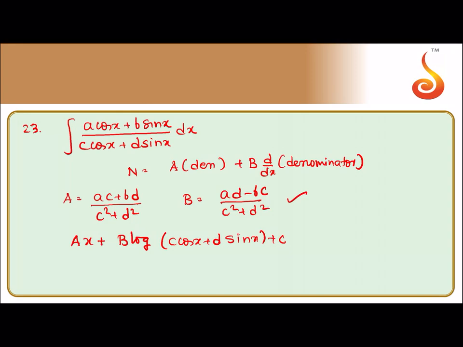Please remember this result. It will be very easy to remember. AC, you write first cosine, then you take AC plus BD by C square plus D square and AD minus BC. The process is this one. It saves a lot of time.